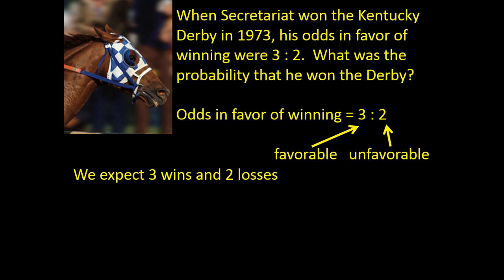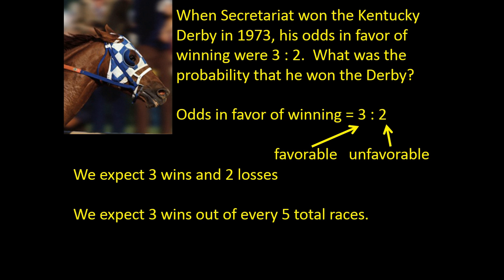So if we expect 3 wins and 2 losses every 5 times he races, then we would expect 3 wins out of every 5 total races. Now probability is a comparison of the number of wins versus the number of total in the sample space, which in this case is total races. So the probability of winning is 3/5.